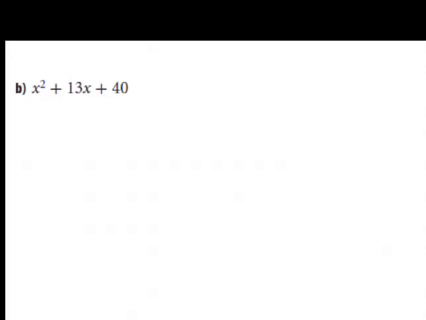The next question: factor x squared plus 13x plus 40. First, there is no common factor. Second, the leading coefficient is 1, so I can use the sum and product. I'm going to find a pair of numbers whose product is 40. Those numbers are 1 and 40, 2 and 20, 4 and 10, and 5 and 8.